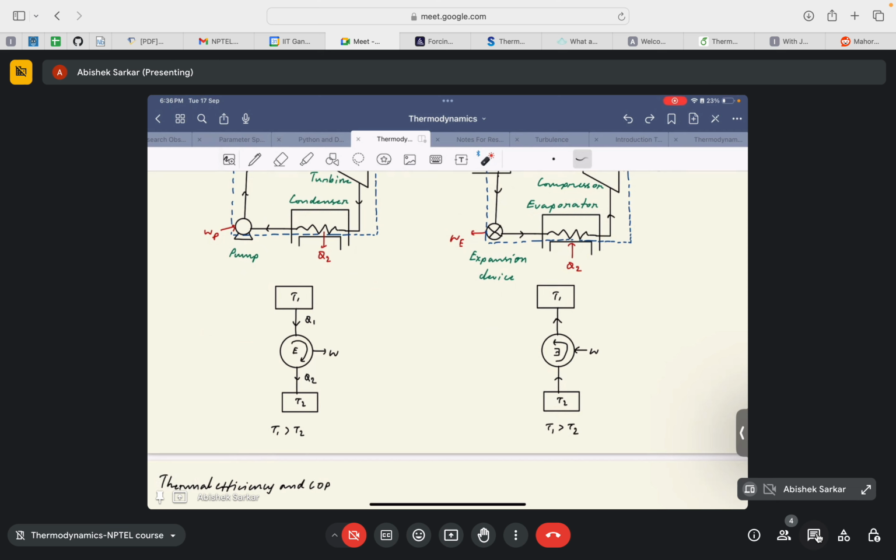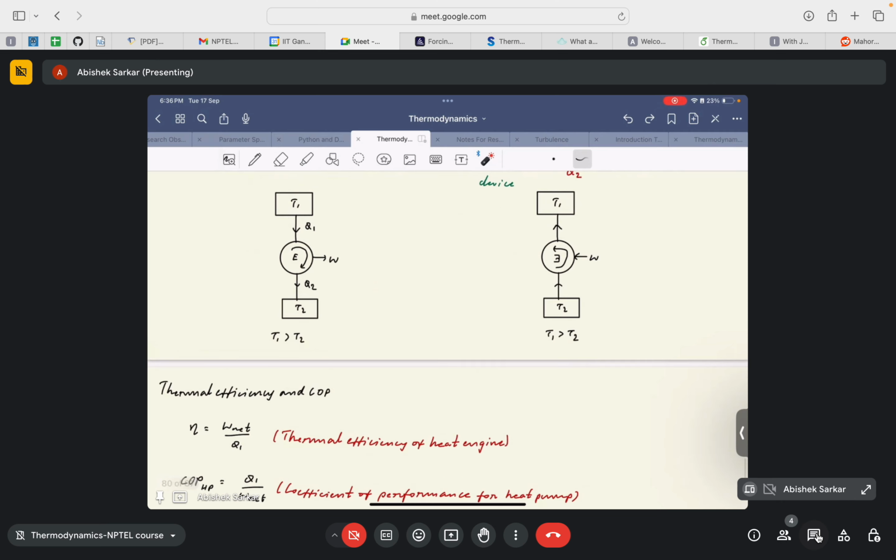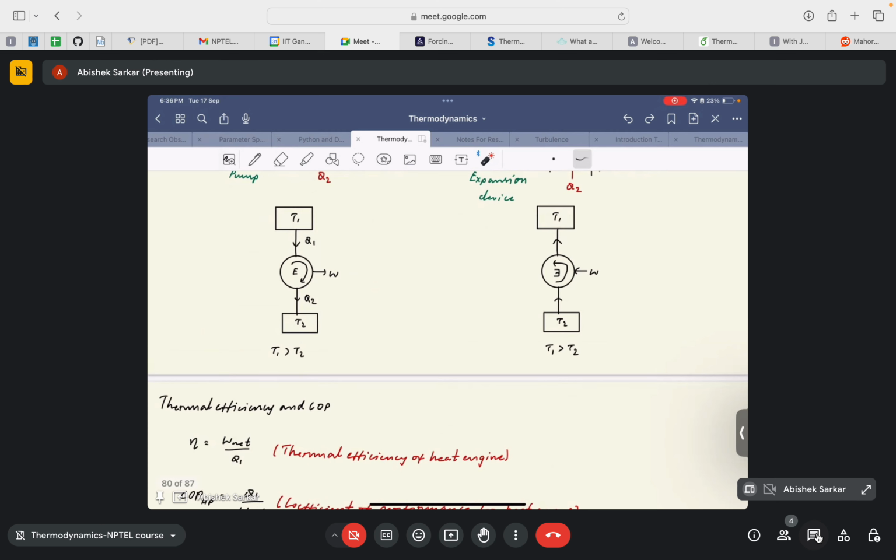There is a work output from the heat engine and there is a net work input in the refrigerator or the heat pump. So I hope this was clear, the working principle of a heat pump, a refrigerator and a heat engine as well.